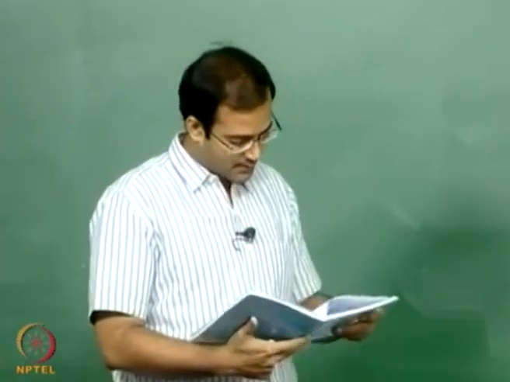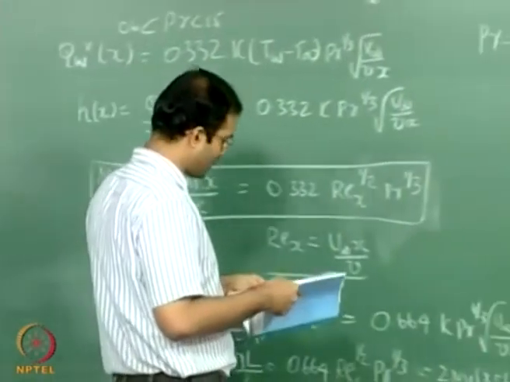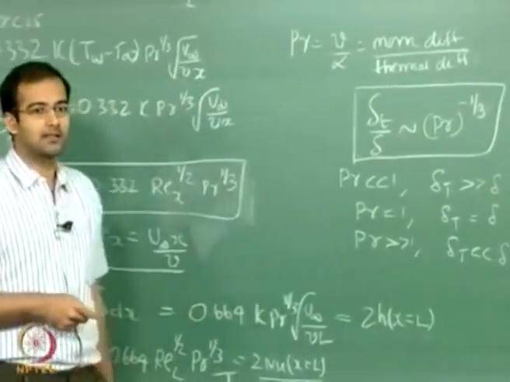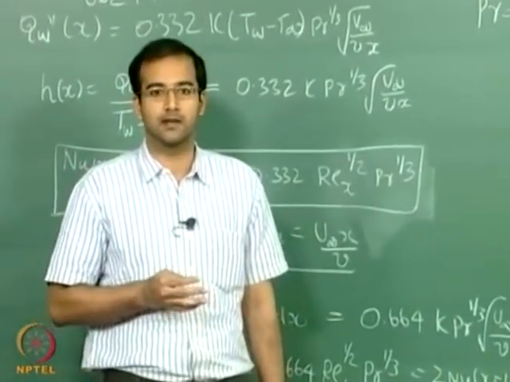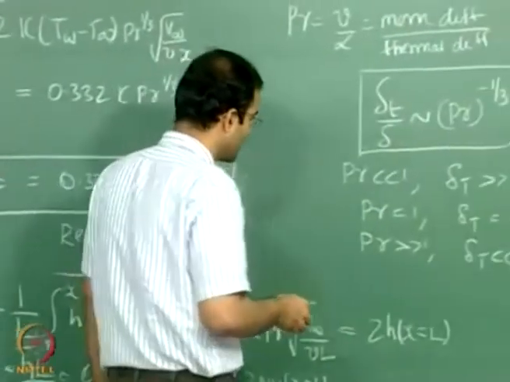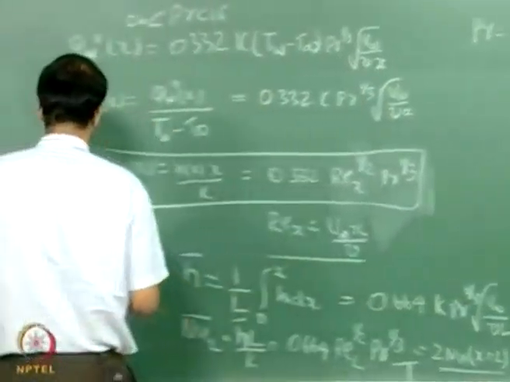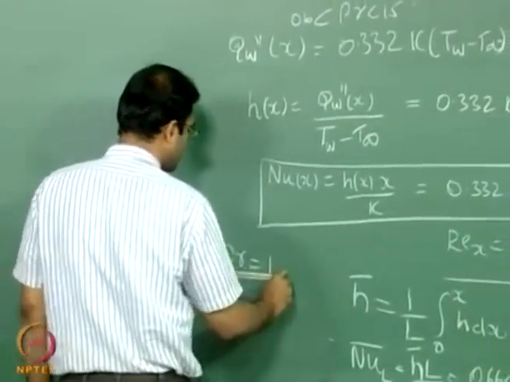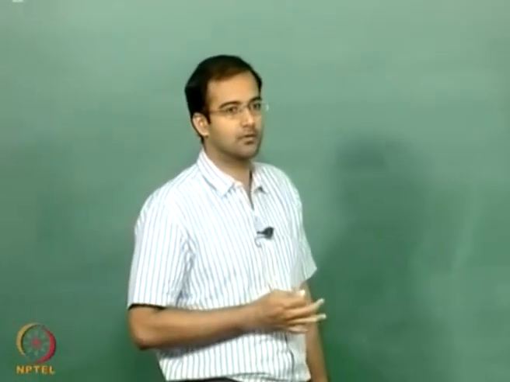Okay. One more thing which I will just mention casually before signing off from this. I think all of you have heard about Reynolds analogy. I think Reynolds analogy is something which is taught in any heat transfer course. You can also show that for the case of Prandtl number equal to 1, there is a very good relationship between the Nusselt number and the skin friction coefficient.